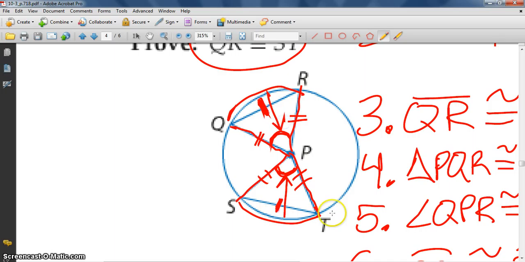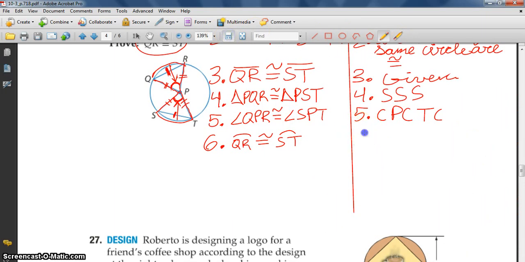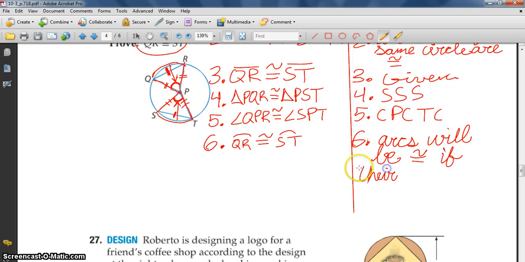So if their central angles are the same, then the arcs are the same. Done and done. QED.